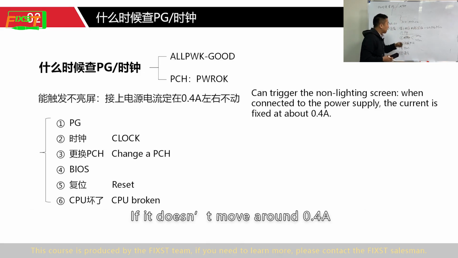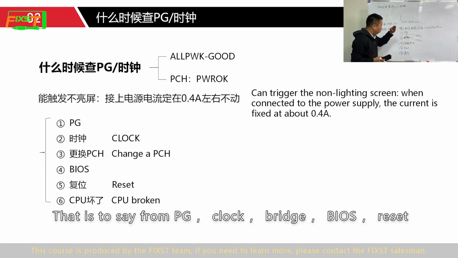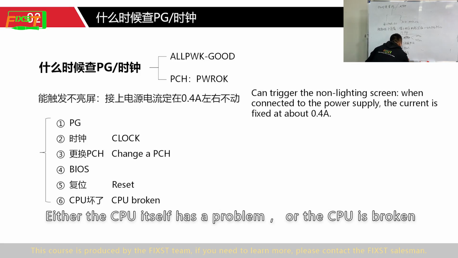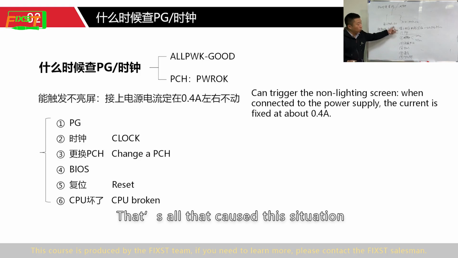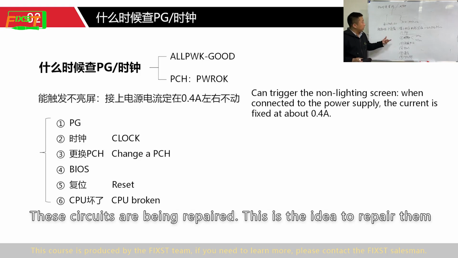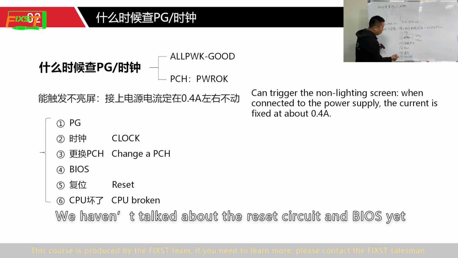If it doesn't move from around 0.4 ampere, that is to say after PG, clock, bridge, BIOS, reset, then either the CPU itself has a problem or the CPU is broken. That's all that causes this situation. This is the idea for repairing these circuits. We haven't talked about the reset circuit and BIOS yet.